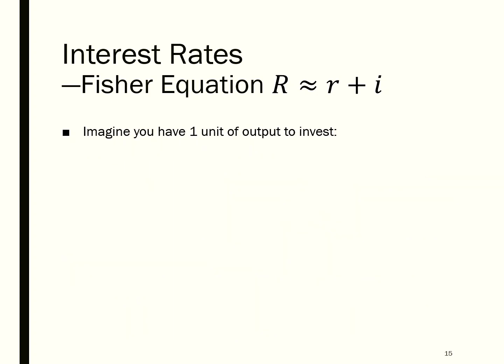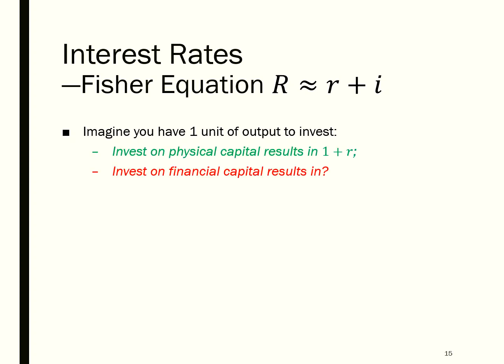Now let's use an example to show you how to derive this Fisher equation, the relationship between the nominal and real interest rate. Imagine you have 1 unit of output, let's say a potato, to invest. You have 2 ways of doing that. The first way is to invest in the real economy, treating this potato as your physical capital. Or you can invest in the financial market, treating that as a financial capital.